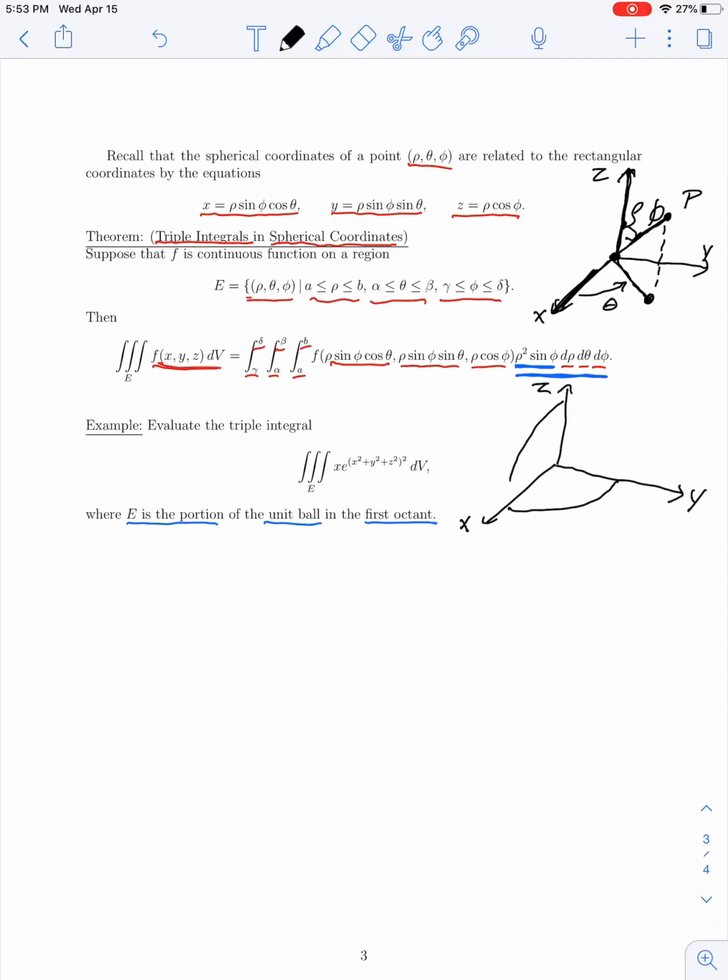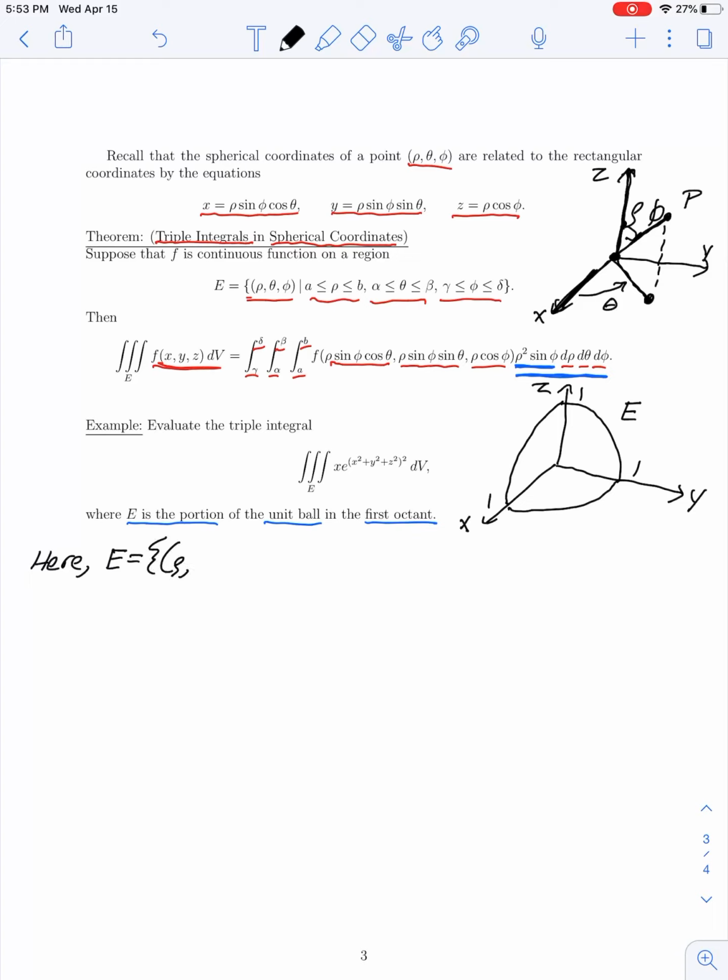So we have this ball, which is cut off in the first octant as a region that looks like this. Its intercepts are at 1. And we see that we could describe this region pretty easily in terms of spherical coordinates. For any sphere or part of a sphere, we've got a pretty easy description. So let's see how we could describe this region E using those spherical coordinates.